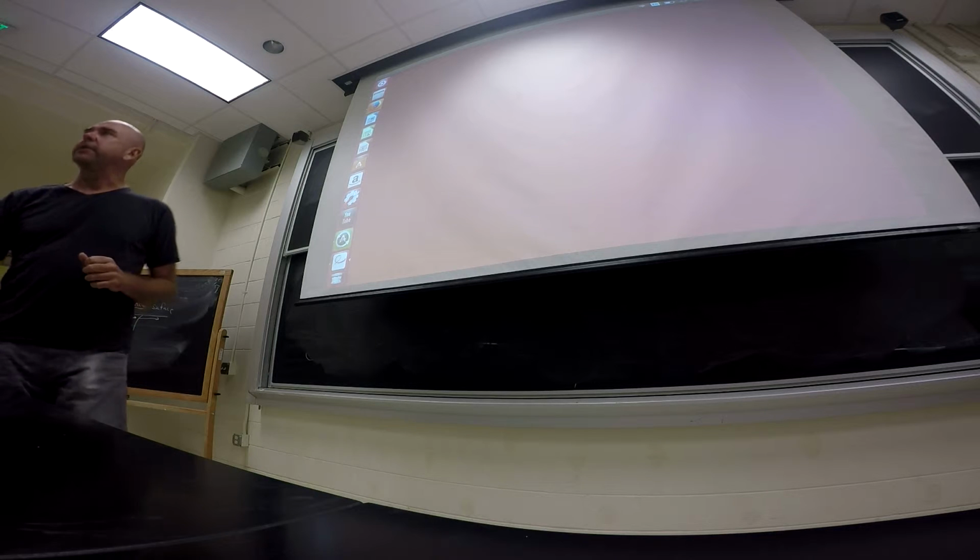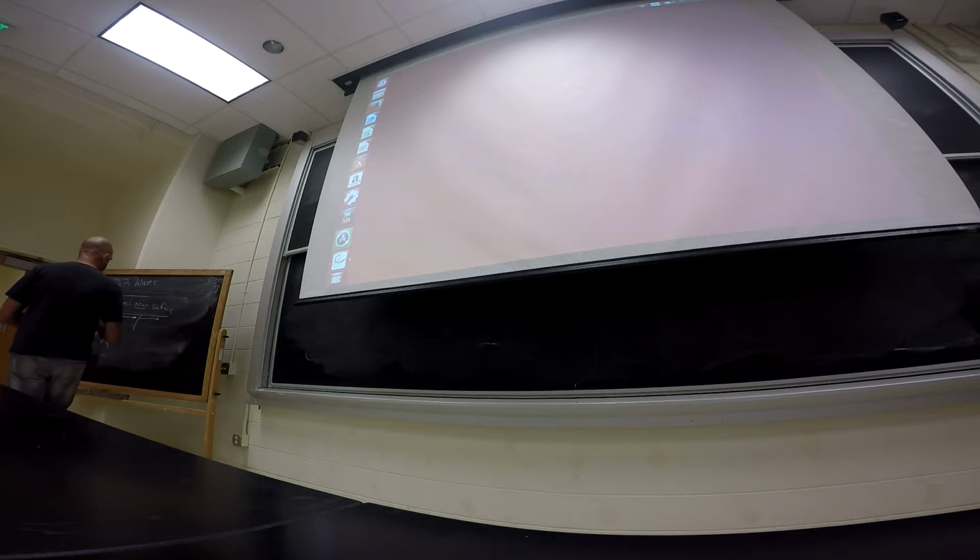So the longer wavelengths are going to have lower frequencies. Shorter wavelengths are going to have higher frequencies. So lower frequencies are going to travel deeper into the ground than higher frequencies. And we're going to use this to our advantage because we're going to look at the Rayleigh wave speed as a function of frequency.